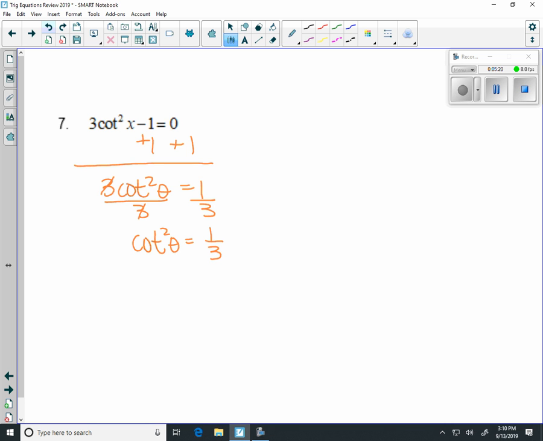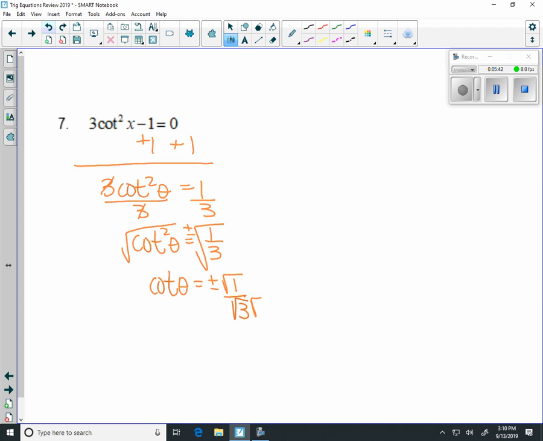Now when you take the square root of both sides, when we're forcing a square root like that, we have to do plus and minus. And I think it's helpful just to do the square root of the top and the square root of the bottom to make sure that you don't forget a square root somewhere that you need it.